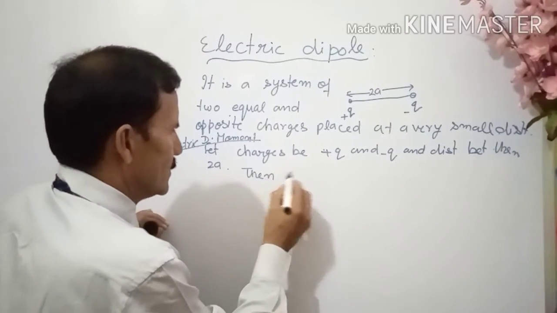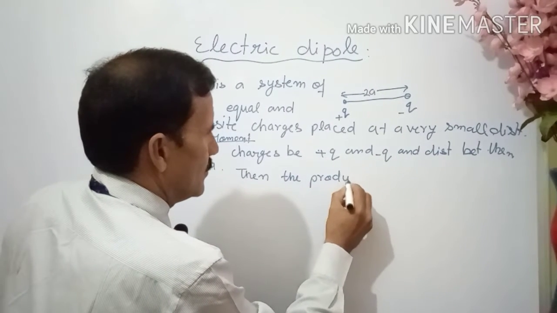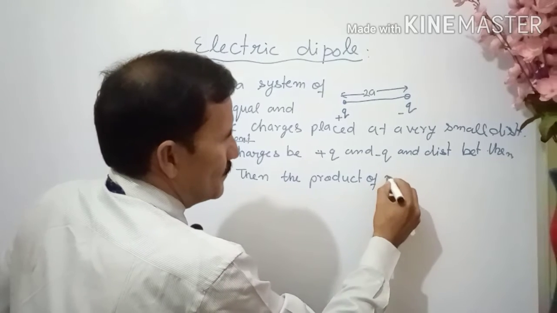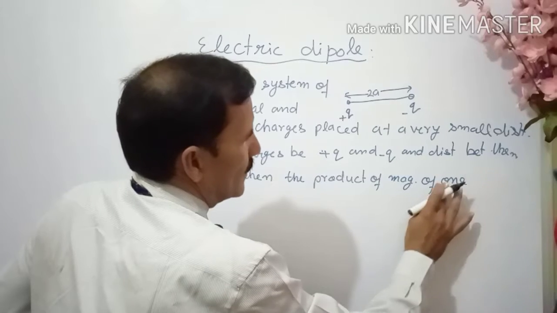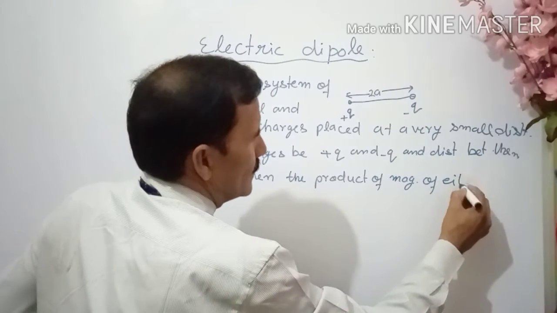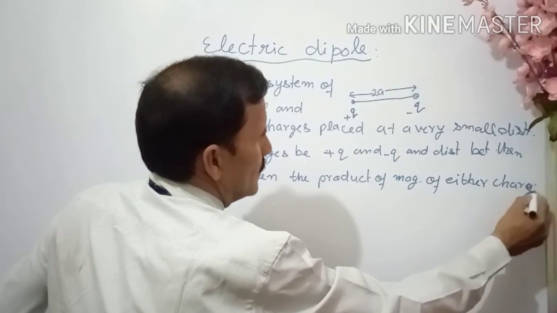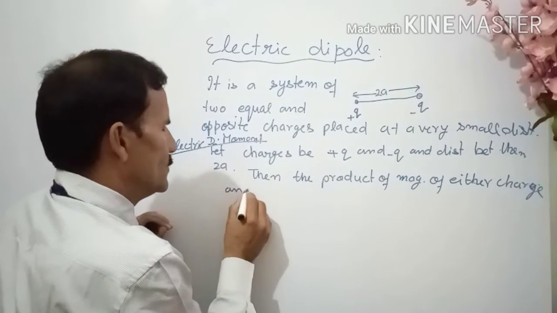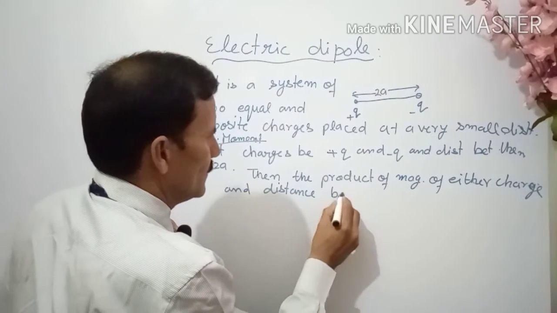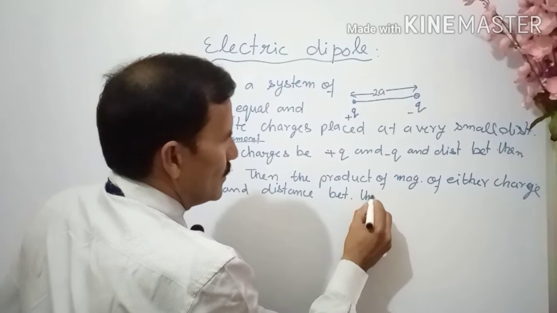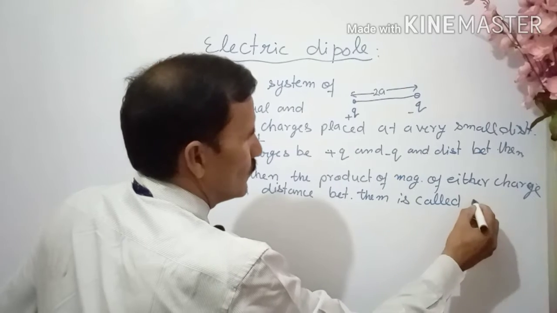the product of the magnitude of either charge, you can take any one, both have the same magnitude, and the distance between them is called the electric dipole moment.